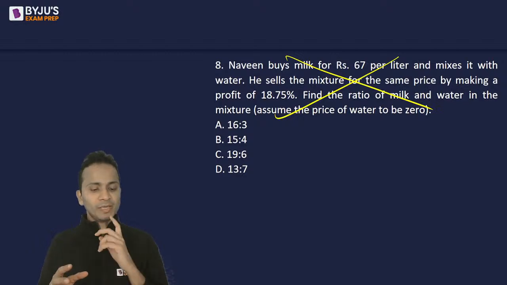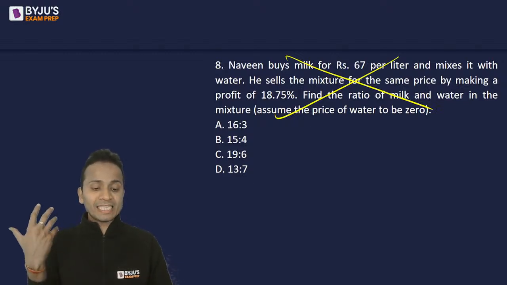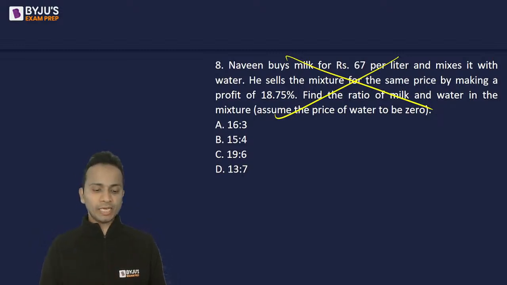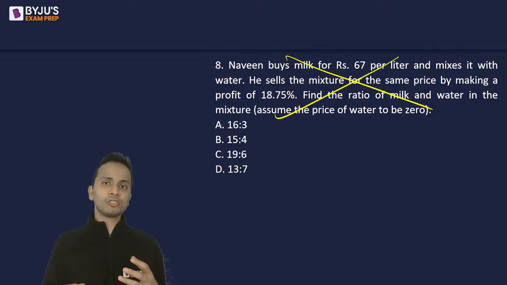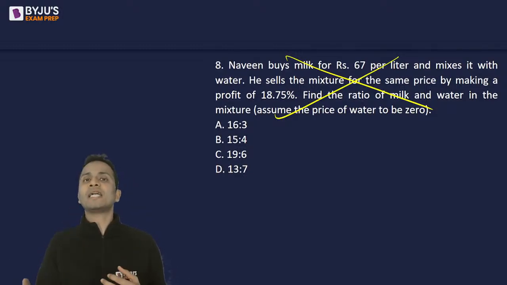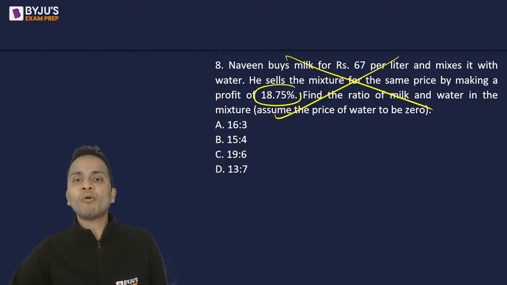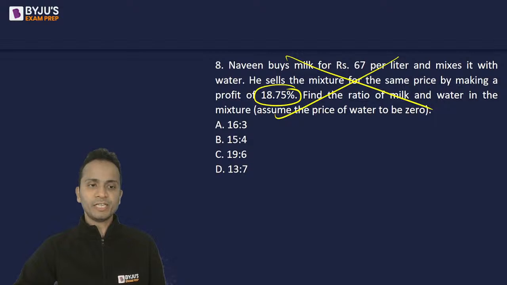So whatever profit there is, there is no need to apply alligation in this method. Understand the basic: whatever profit I am getting is because of the quantity of water that is being added. So I am getting 18.75% profit in this question.